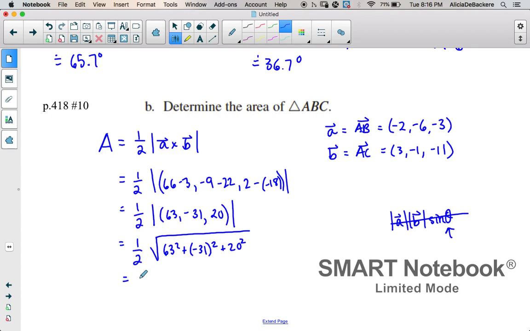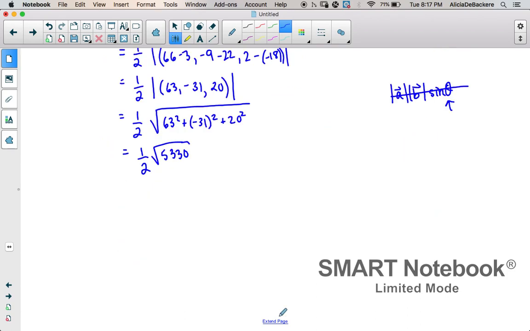Okay, so I've got 63 squared plus 31 squared plus 20 squared. And I can't take out a 4, which is unfortunate because that would get rid of that half for me.